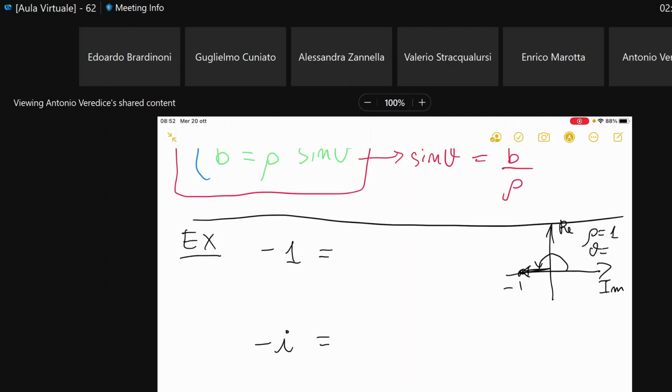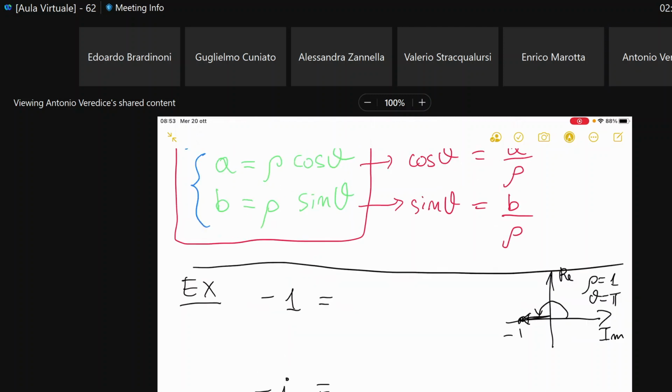So theta is 180 degrees, or pi. Are you okay with this? You have to recall something about the trigonometric expression, the angles, sine and cosine.